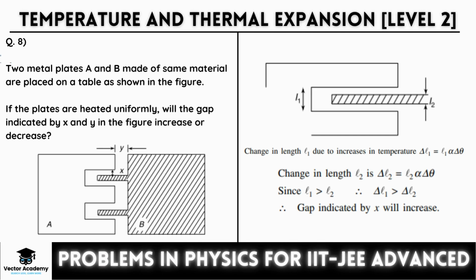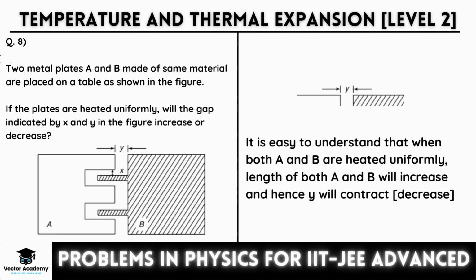Change in length L2 due to increase in temperature is given by delta L2 equals L2 into alpha into delta theta. Since L1 is greater than L2, delta L1 will be greater than delta L2. Therefore, the gap indicated by X will increase.